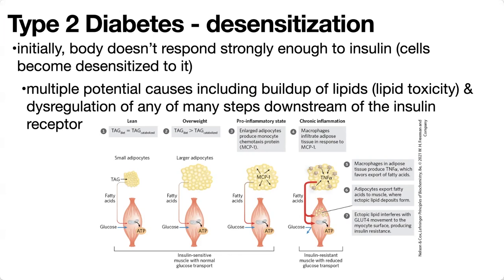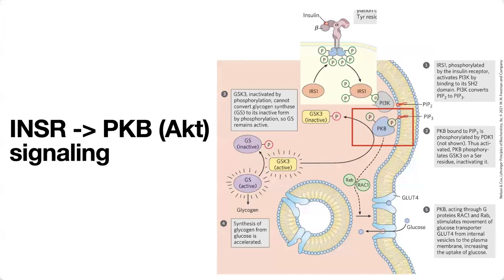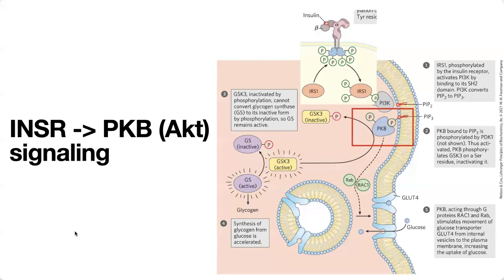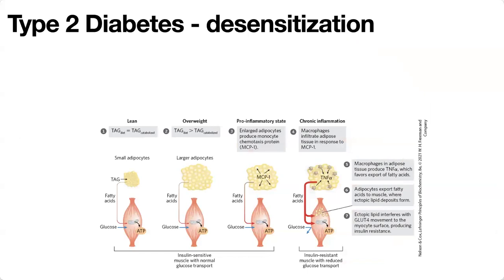Another thing is that you could have any sort of dysregulation at any of those downstream steps, whether it's AKT signaling, RAS signaling, or the transport of the glucose. All of those are different places that can be damaged and therefore cause this desensitization.